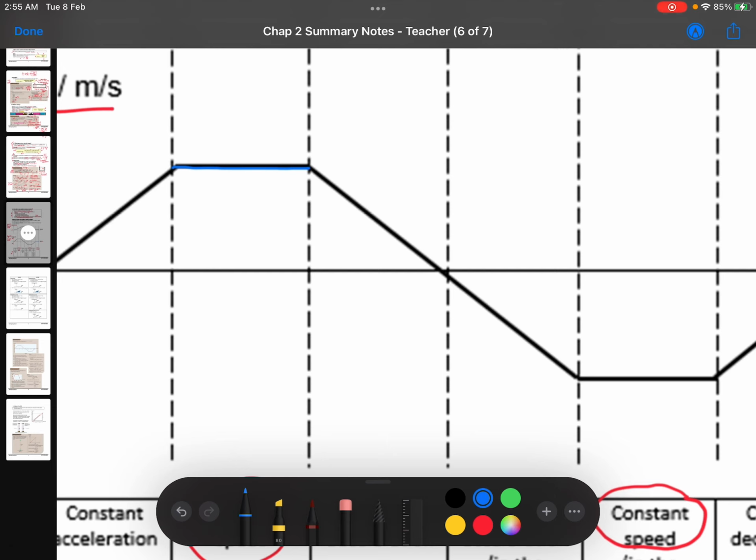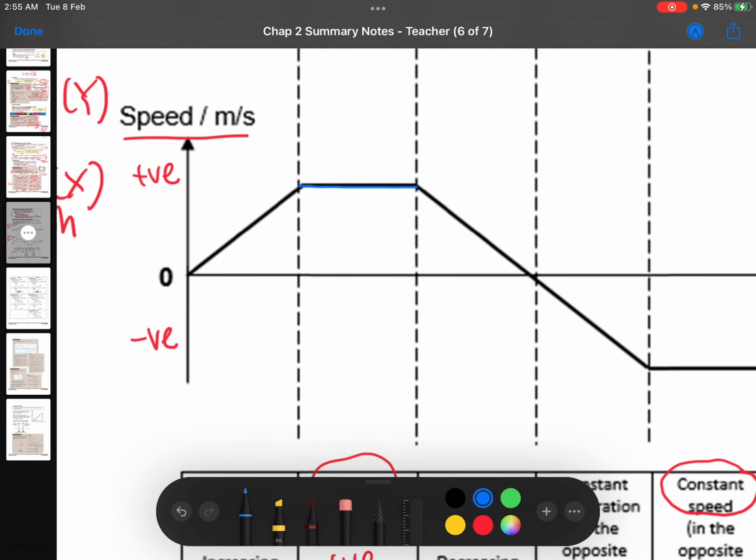For example, this speed is 5 meter per second. So this is constant speed. You see the value doesn't change.